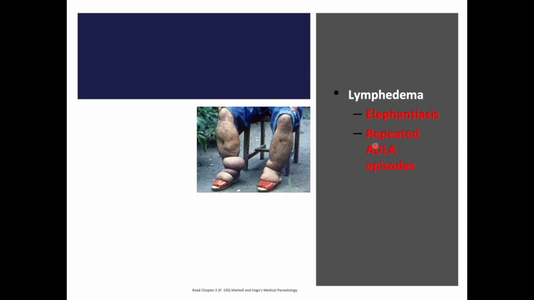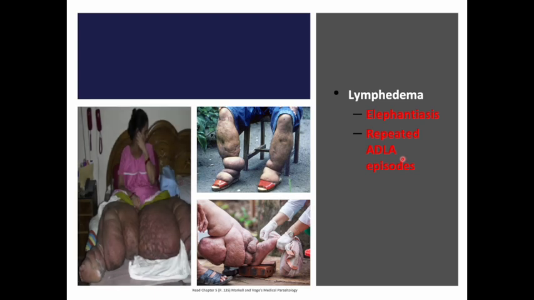And so repeated ADLA means acute dermatolymphangioadenitis or lymphangioadenitis. Sorry. Ayun, ADLA is related to the subsequent attacks of the subsequent infection and also immune response that occurs in these tissues. Kaya ganyan yung nangyayari sa kanila.